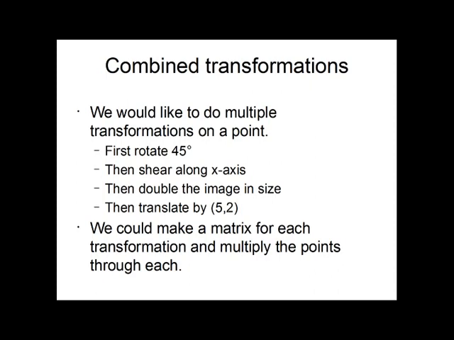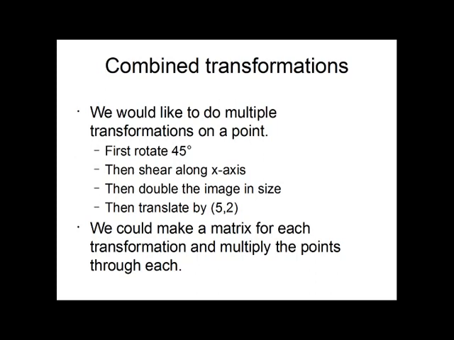Meaning that in the end, we can do as many transformations as we want without the cost per transformation operation being more or less depending on how many transformations are loaded up in there. So our transformations are simply added to a transformation matrix, and then this combined transformation is made with a single operation, a single matrix multiplication.